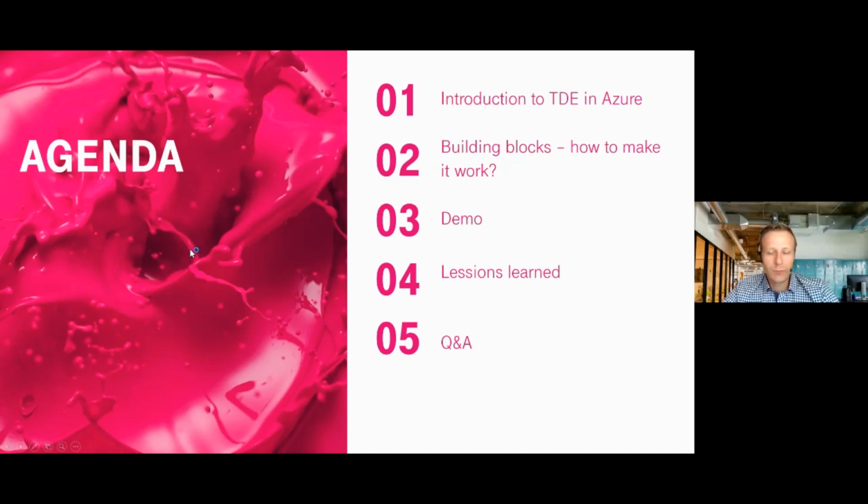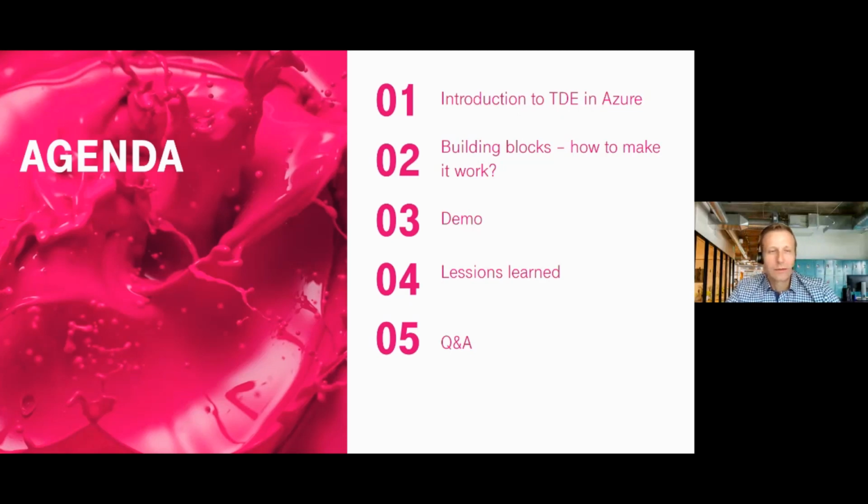Then I will give you a demo related to this. If everything goes fine, and even if not, at the end we will discuss the lessons learned, what we learned so far, and all the issues or possible bottlenecks. And maybe at the end we will have a short Q&A for questions if you have any.